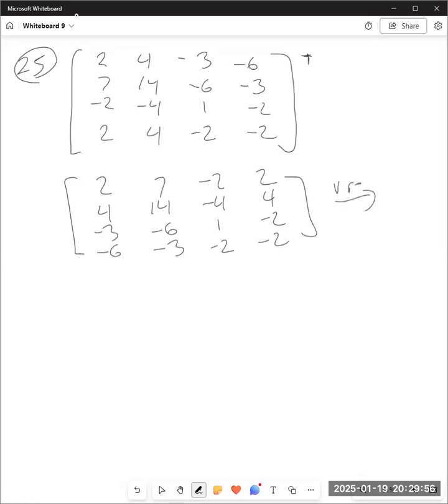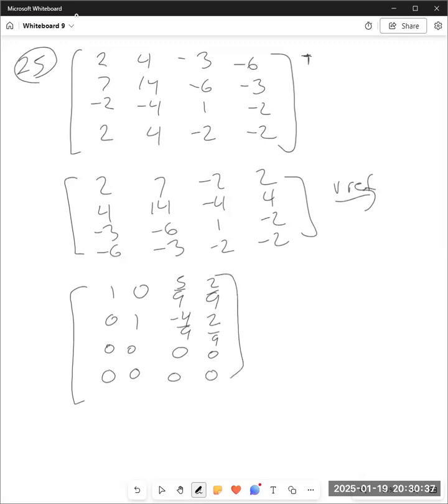I'm going to RREF that, and that gives me 1, 0, 5/9, 2/9, 0, 1, -4/9, 2/9, and 0, 0, 0, 0, and 0, 0, 0, 0.